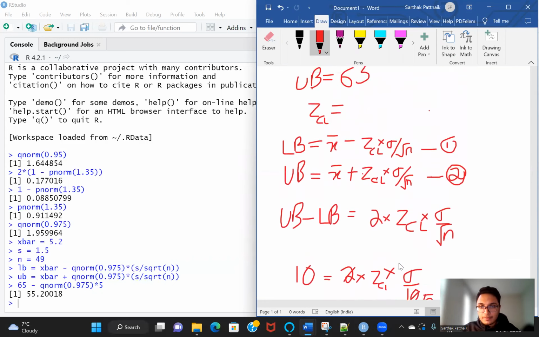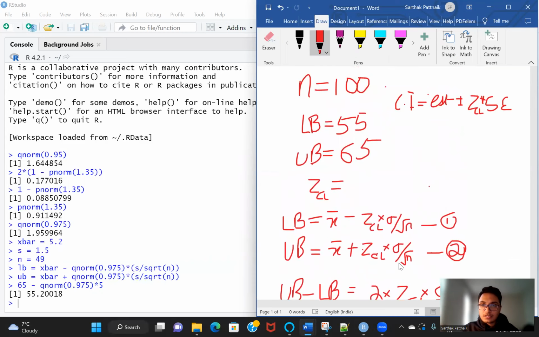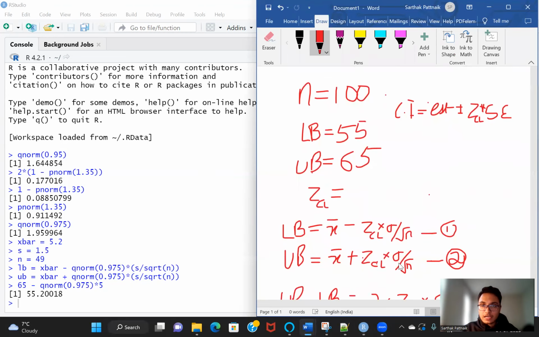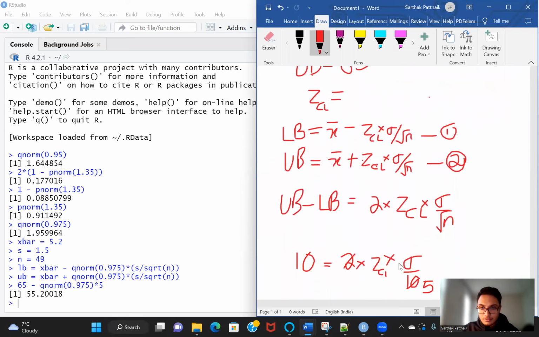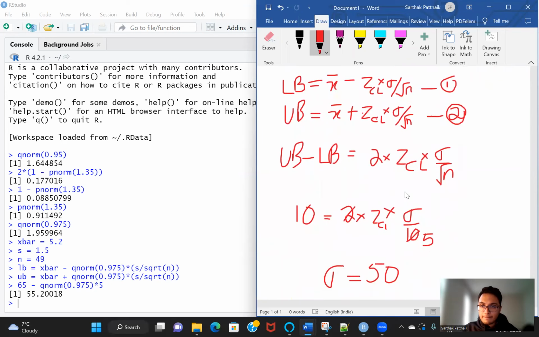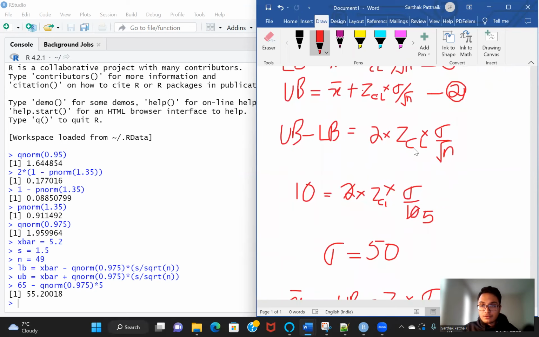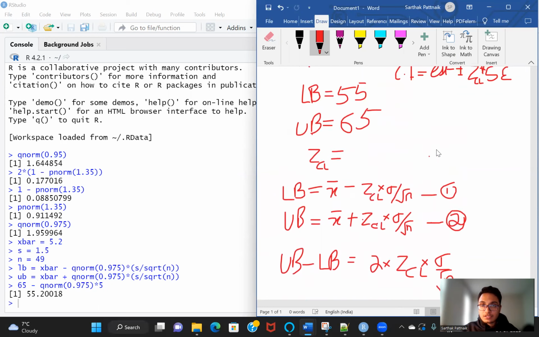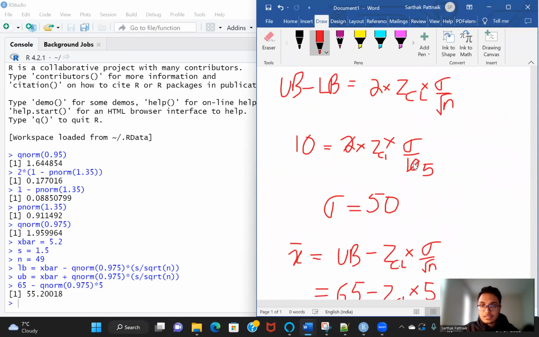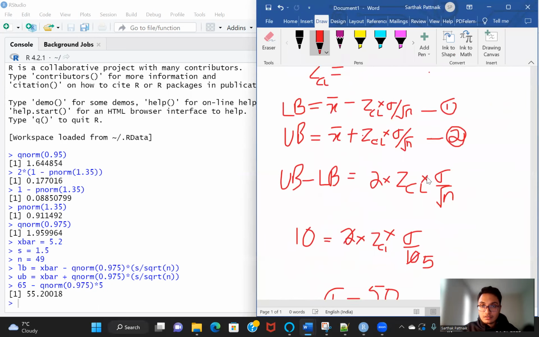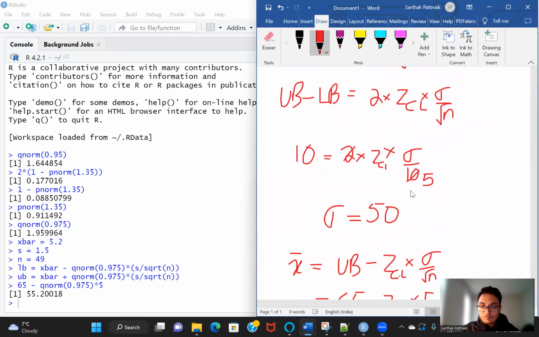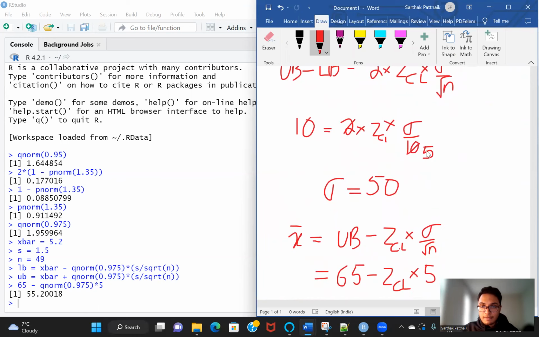Okay. Let me see if all our calculations are on point. By root n, we did not know sigma. So n is equal to 100, we get this as 10. This cancels right here. This is 5.